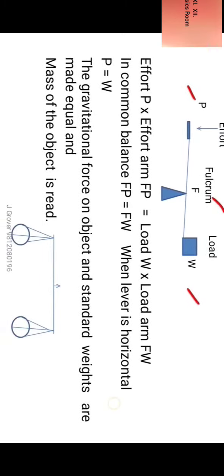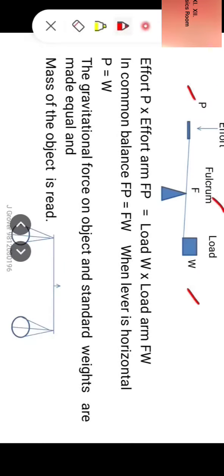So this is the diagram of a physical balance. You can see this is the left arm, this is the lever, this is the right arm, and here is the center fulcrum. When the lever is horizontal, P will be equal to W.